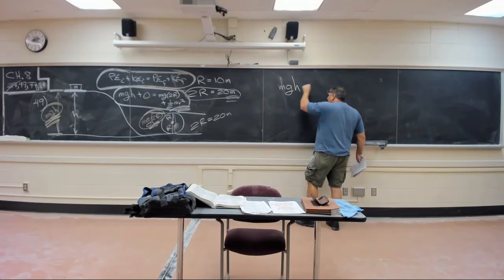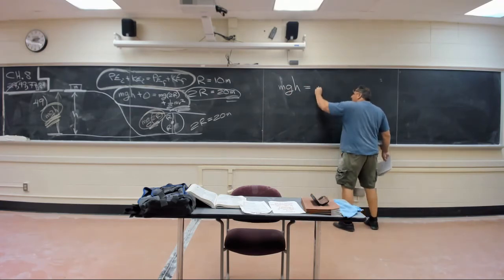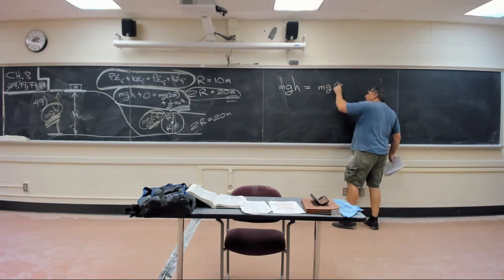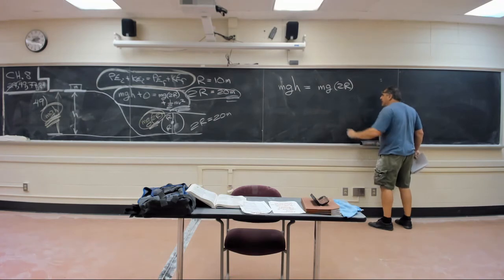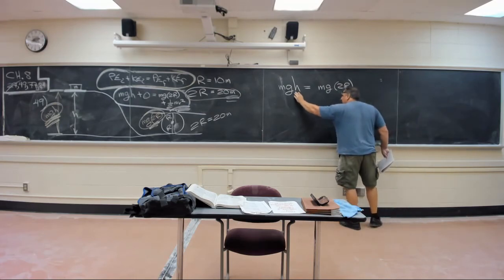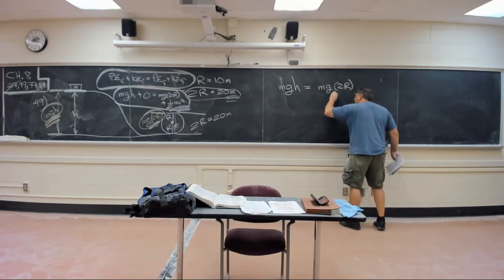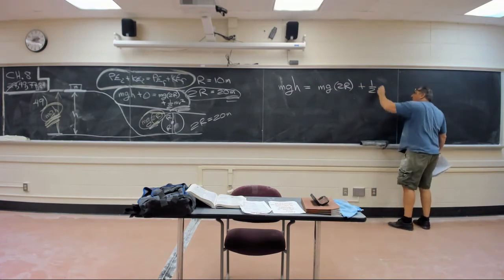H is high. The final, you got potential energy, just not as much. What happened to the initial potential energy? All of it went into smaller potential energy, and the rest of it went into kinetic energy.